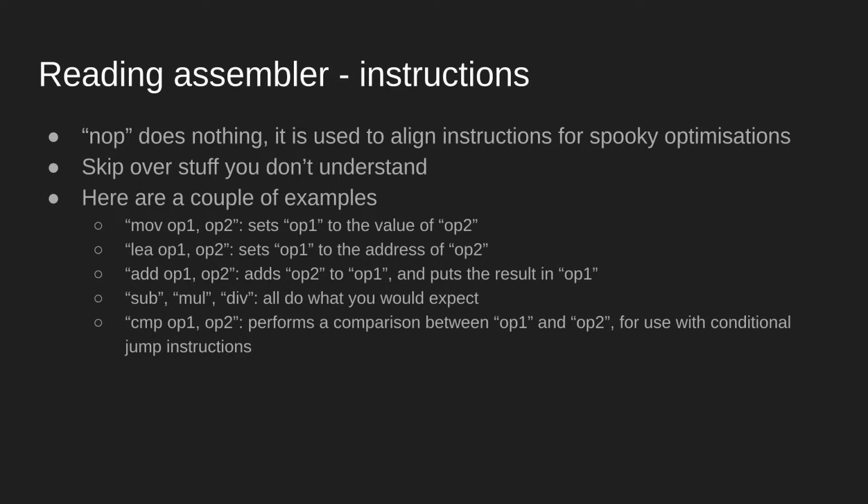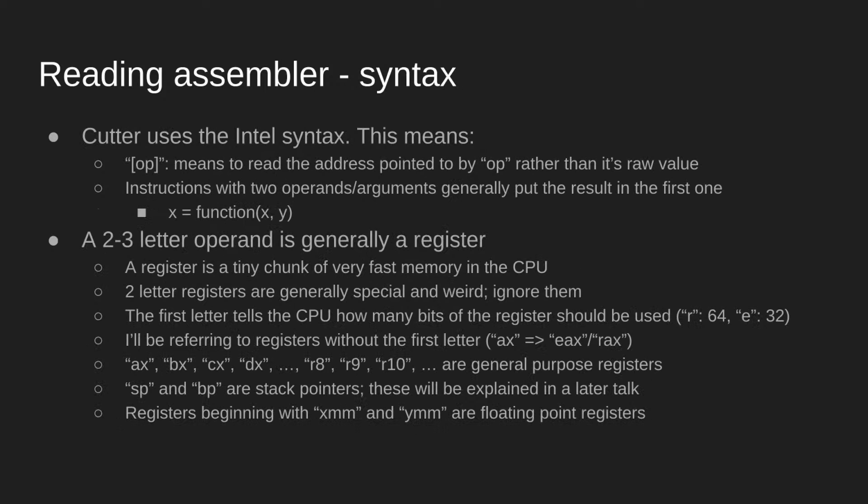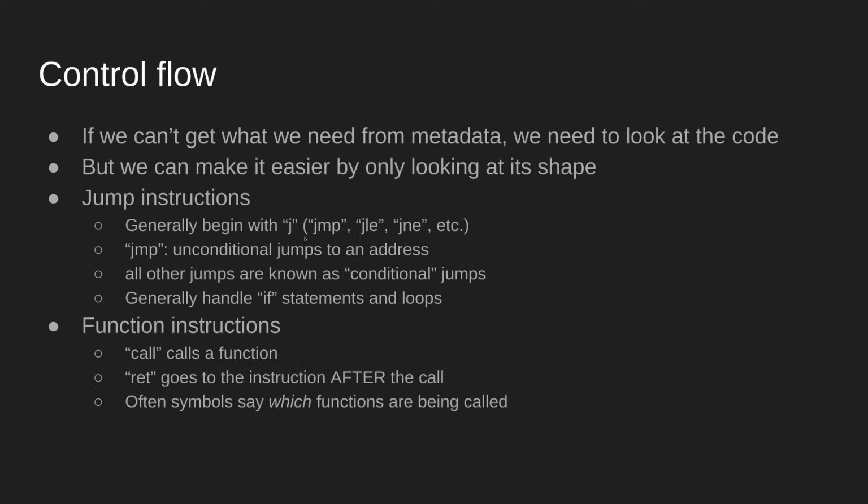Sub, mul, and div are basically the same as add, but of course do subtraction, multiplication, or division. The final important one is comp, which performs a comparison between its two operands and is used for conditional jump instructions. So, like we said earlier, the JMP, JLE, JNE stuff all requires a comp instruction before it to tell it what it's comparing.